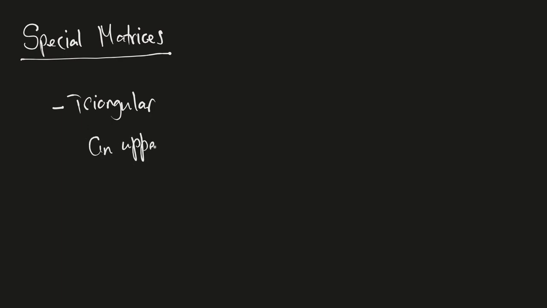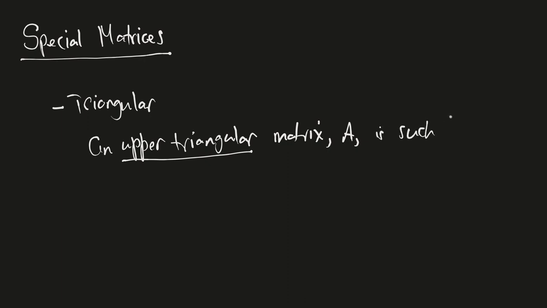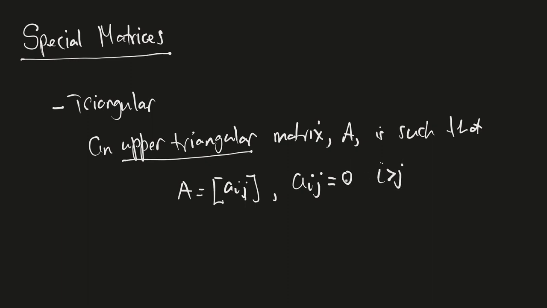An upper triangular matrix, let's call it A, is such that A is a matrix with entries, big shocker there, and it has this particular property that the Aij must be equal to 0 whenever i is greater than j, right? So that's what we mean by upper triangular.